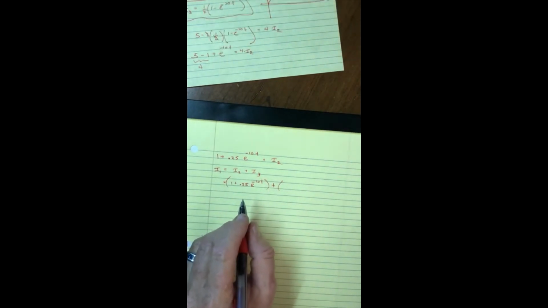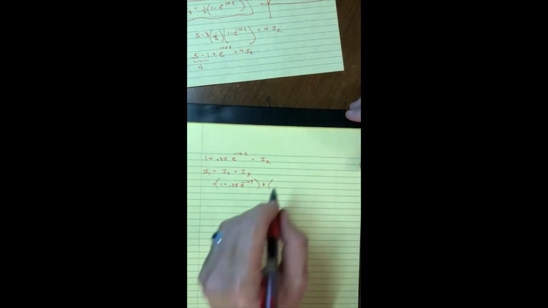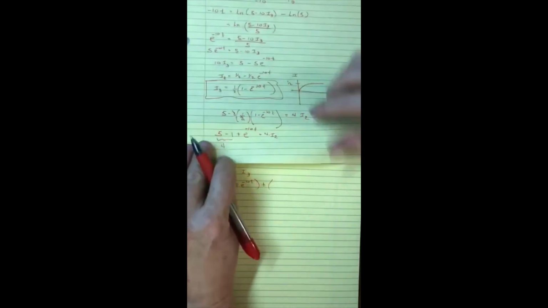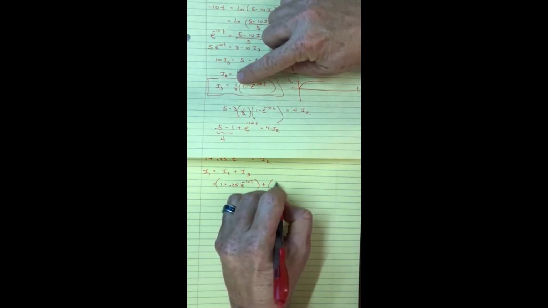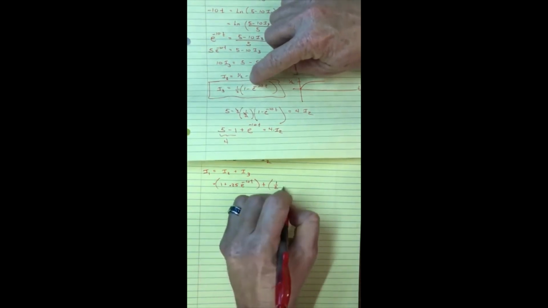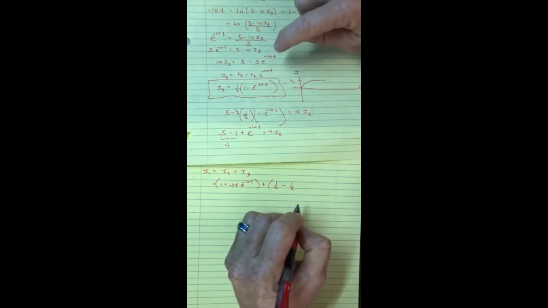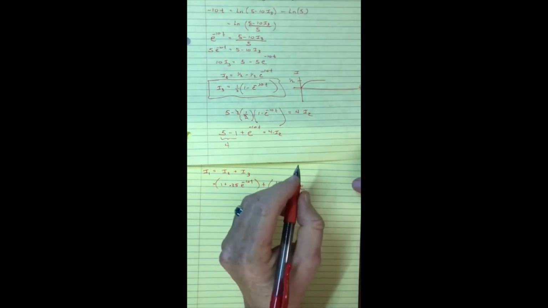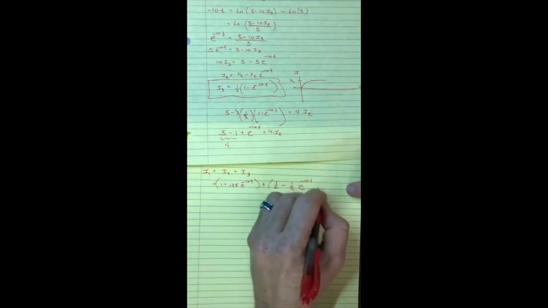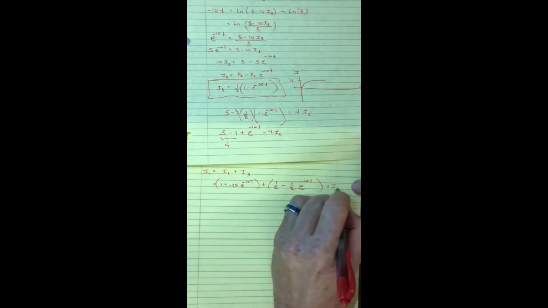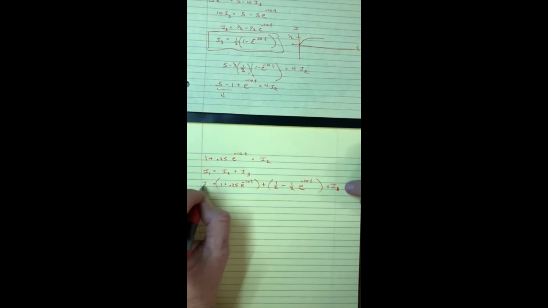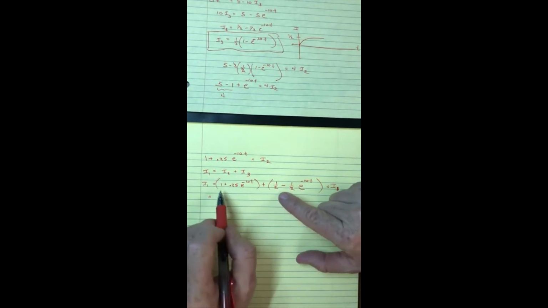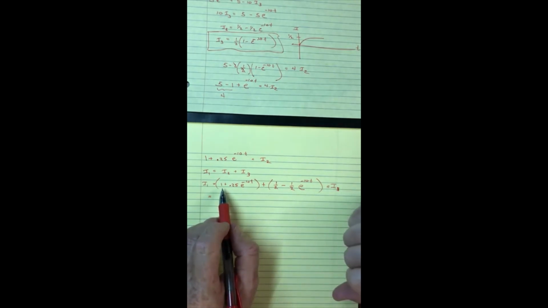And then I3 was this 1/2 minus 1/2 e to the minus 10t. So that would be I3. I'm sorry, I1. Oh, I got it over here, I1. All right, so the numbers would add together.